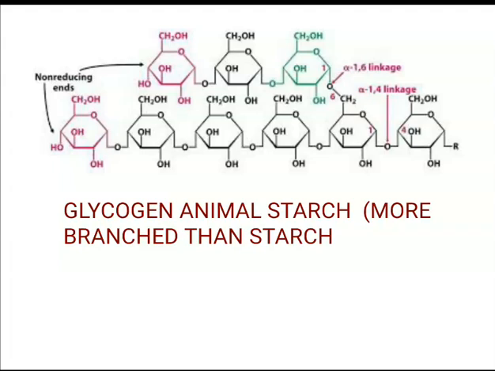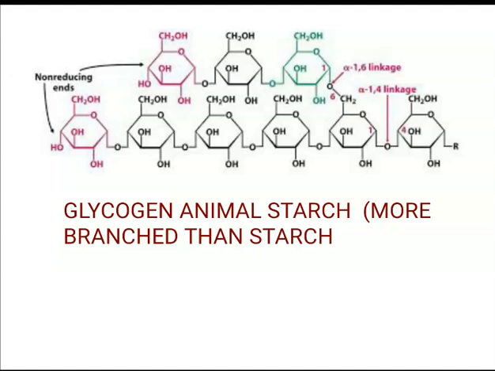The one main difference between glycogen and amylopectin is the length of the chain. In amylopectin, the chain consists of 20 to 25 alpha D glucose molecules, whereas in glycogen there are 10 to 14 molecules of alpha D glucose present.